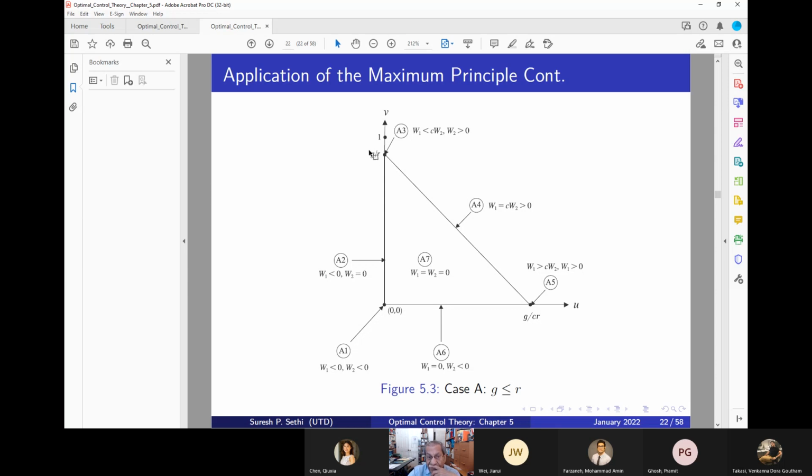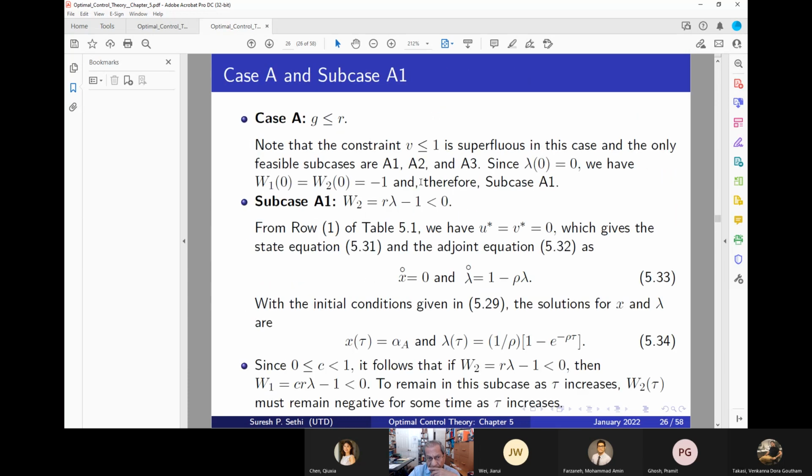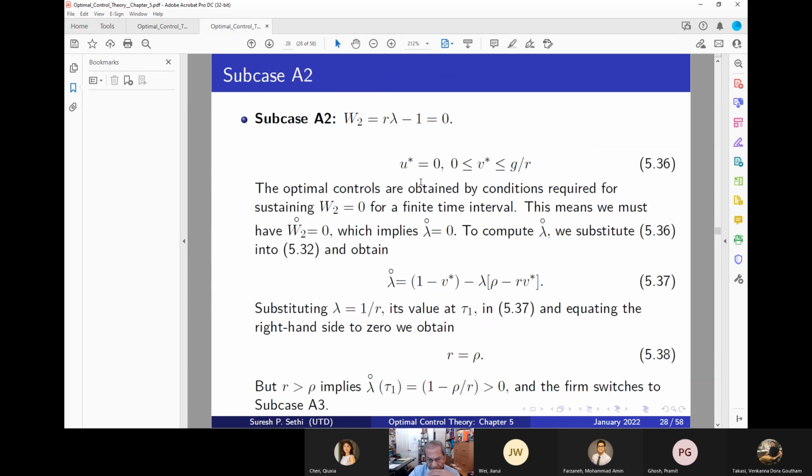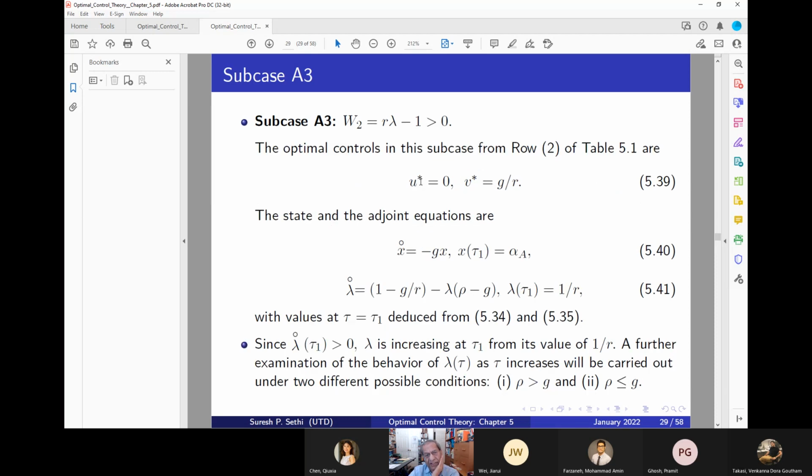And then we want to see whether we can stay there. So that's our next problem. So we go immediately to case 3. A2 is not sustainable. Only at one point in time can you sustain it. So you can do whatever you want at that point in time. And so we immediately go to A3.